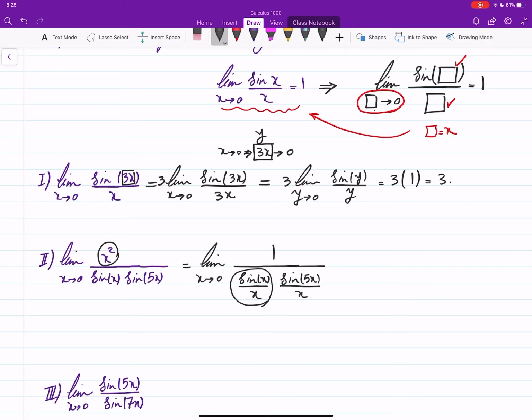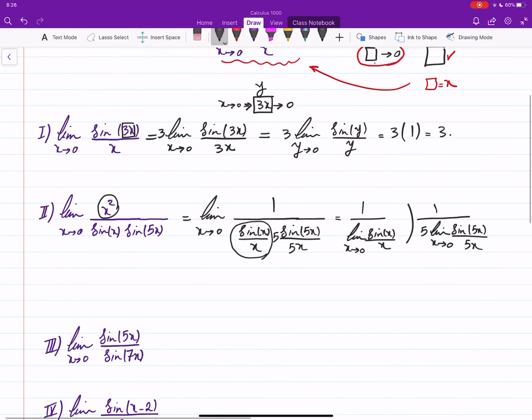But this piece, I have to multiply by 5 and divide by 5. And what we will have is that, well, applying the quotient law and the product law, you will have the limit of sine x over x as x approaches 0, 1 over that, multiplied by 1 over, well, by the constant multiple law, the limit of sine of 5x over 5x as x approaches 0.